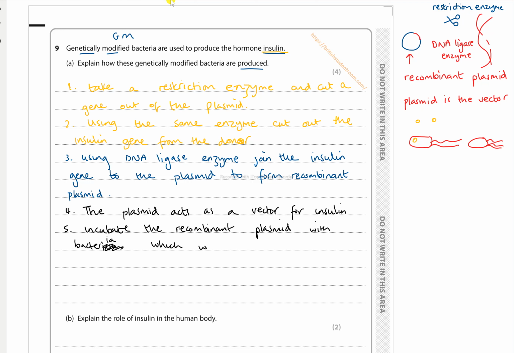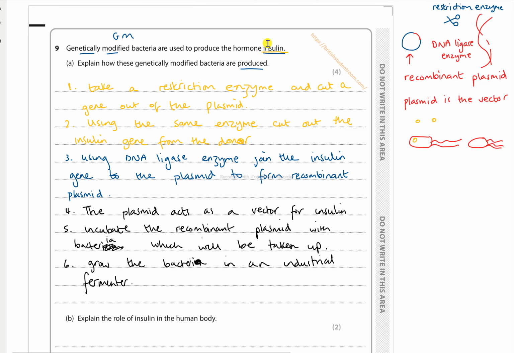Which will be taken up. Then you can grow the bacteria in an industrial fermenter. There you go. Done.